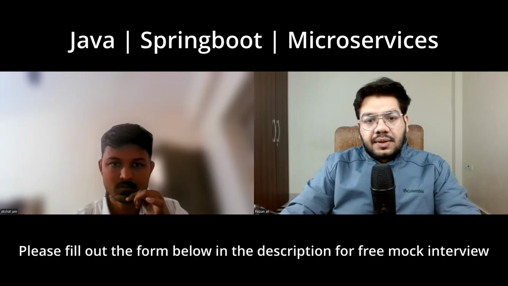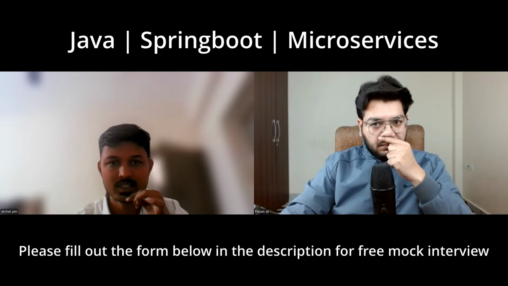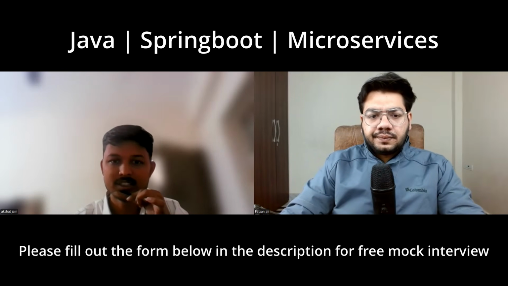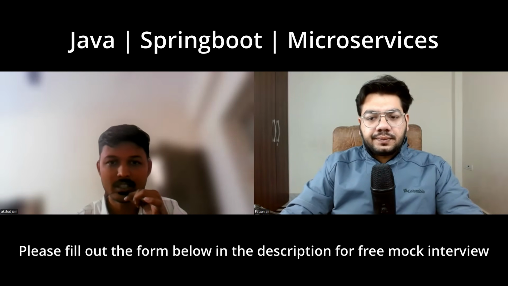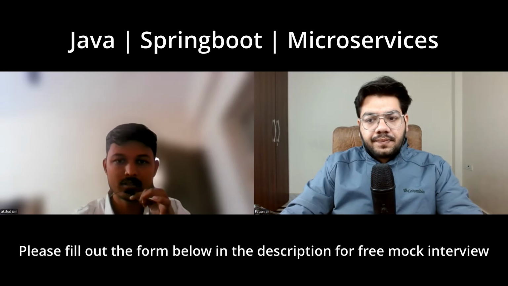How would you debug memory related issues in a Spring Boot project? For memory related issues, firstly, the main approach is checking the logs. We can use some properties in application.properties for debugging memory specific logs, and we can also add debug=true.